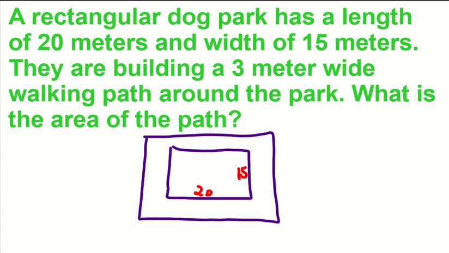Okay? So 20 times 15, that gives us 300 on the actual dog park. That part so far, that's not bad, right? All right, so the tricky part then is getting the path, getting our big rectangle. How wide is the path? 3.